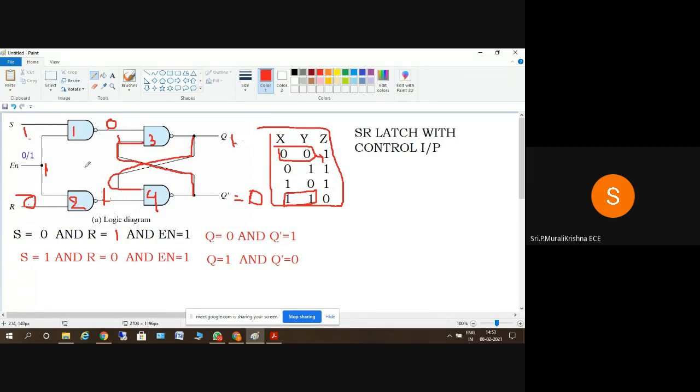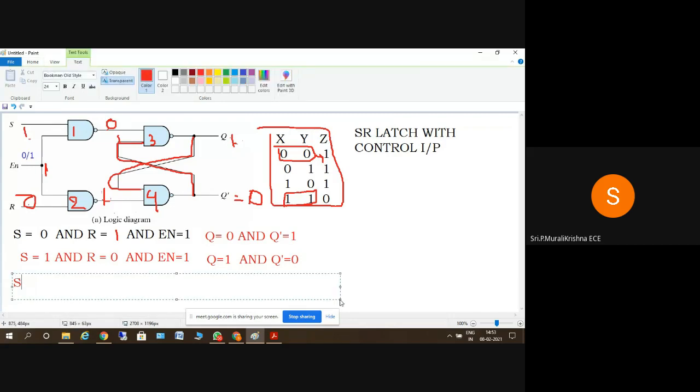So what is the third case here? S is equal to 0. We'll check the values of S is equal to 0 and R is equal to 0, and enable is also equal to 1, and assume Q value is equal to 0 and Q bar is equal to 1 here.